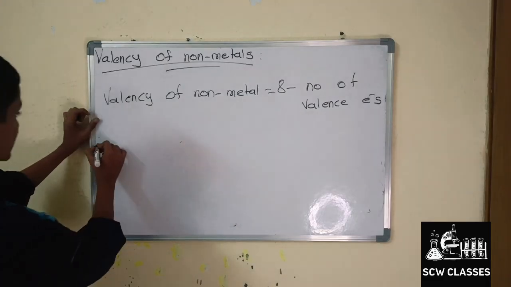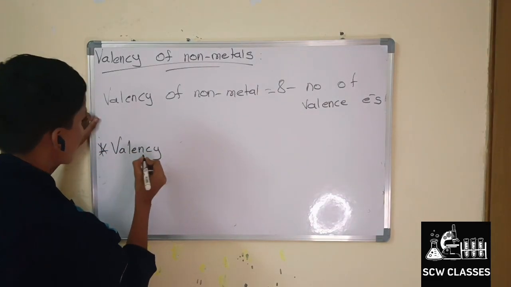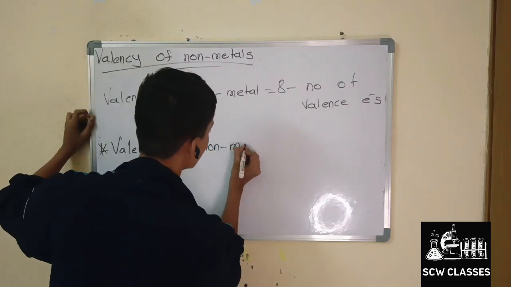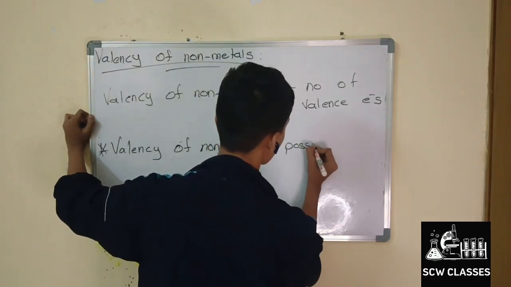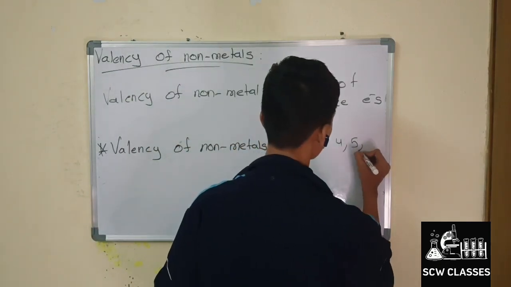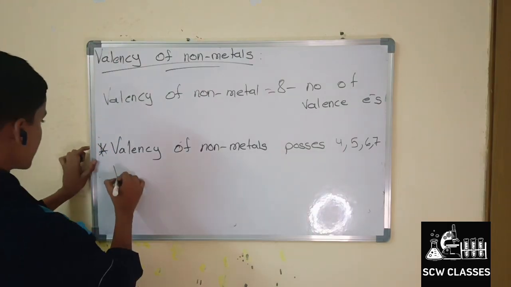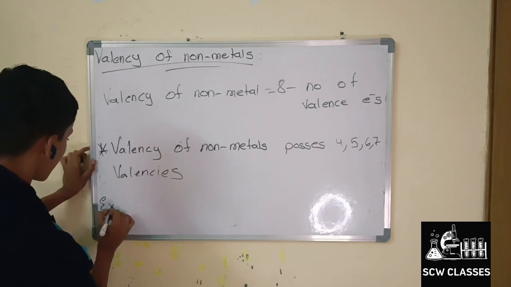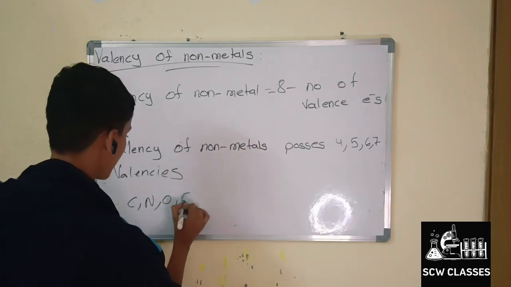And note this point. Non-metals possess valencies 4, 5, 6, 7. Example: carbon, nitrogen, oxygen, fluorine.